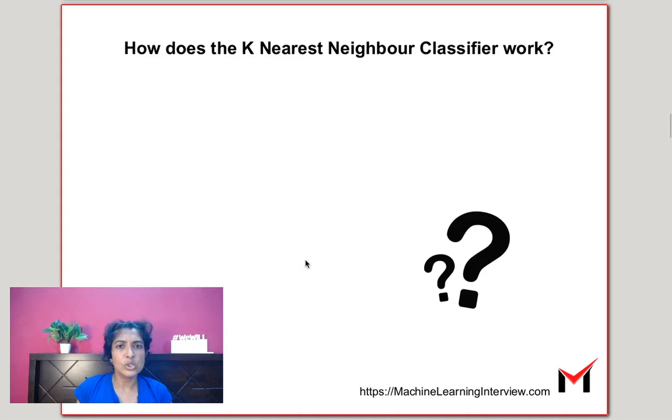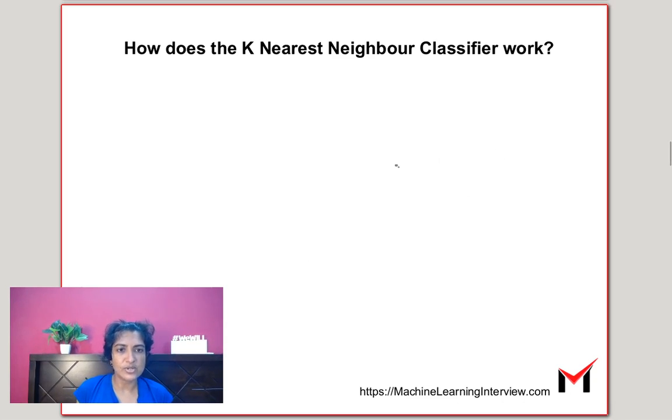Okay, so how does the nearest neighbor algorithm work in a classification example? KNN can be used for classification. Suppose you have a bunch of positive examples and a bunch of negative examples. In a KNN setting, given a new point, you would take the K closest points.